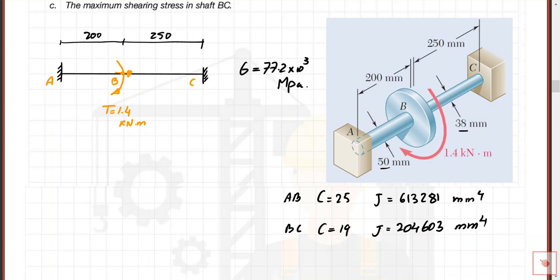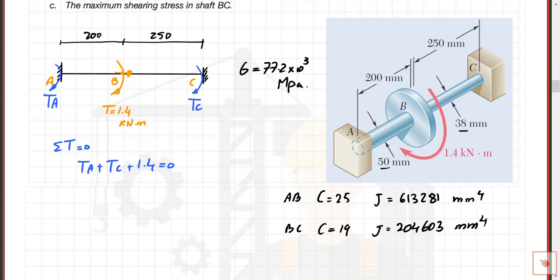What shall we do? First, write the reactions. Here I have a reaction called T at C and here a reaction called T at A. There are two unknowns and one equation. The equation says sigma T equal to 0, so TA plus TC plus 1.4 is equal to 0.